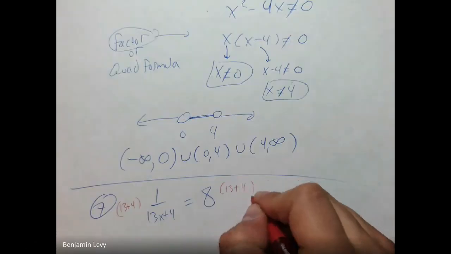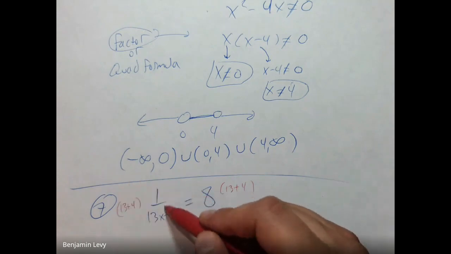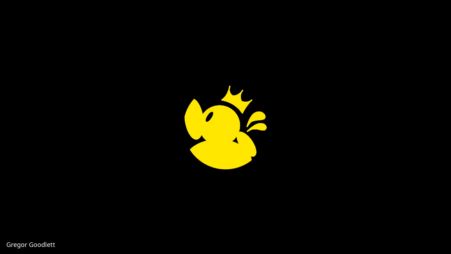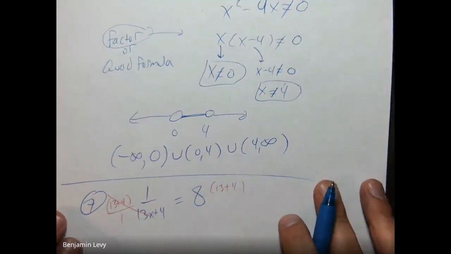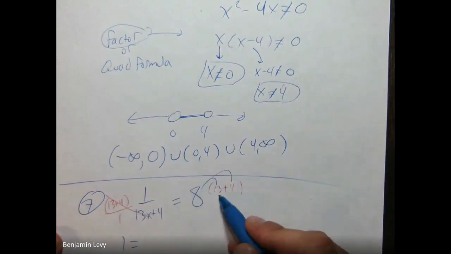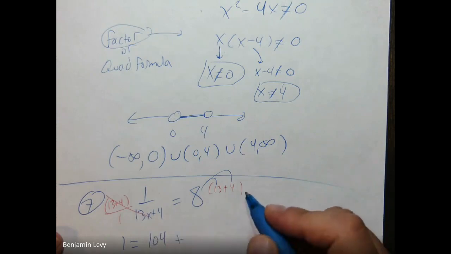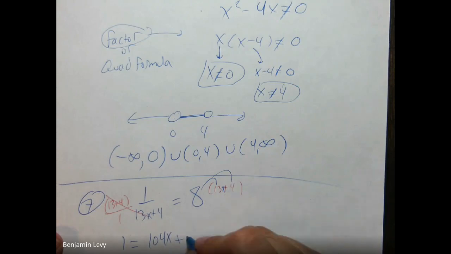So we just want to do this. We multiply both sides by the denominator. It sounded like maybe you were trying to multiply the numerator and the denominator by this, but we're just doing this. These cancel, right? And then you get 1 equals, distribute, 104x plus 32. 8 times 4, 32.